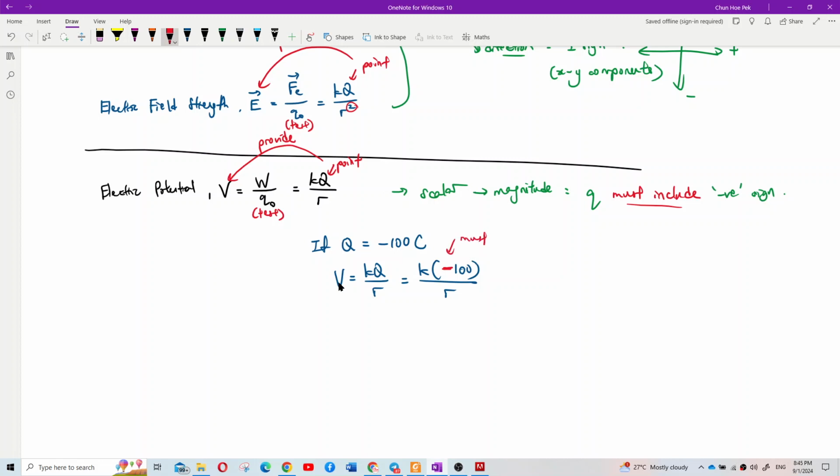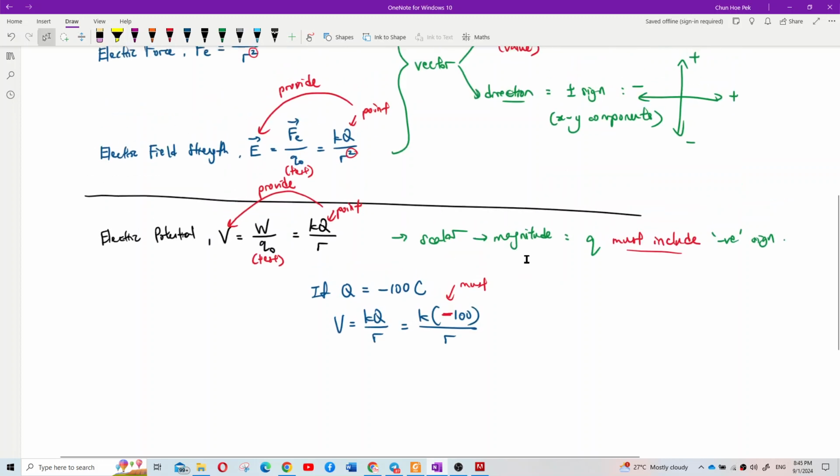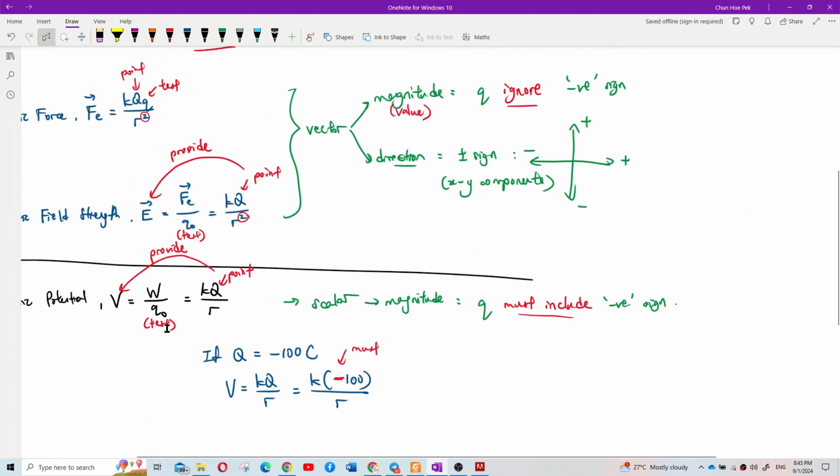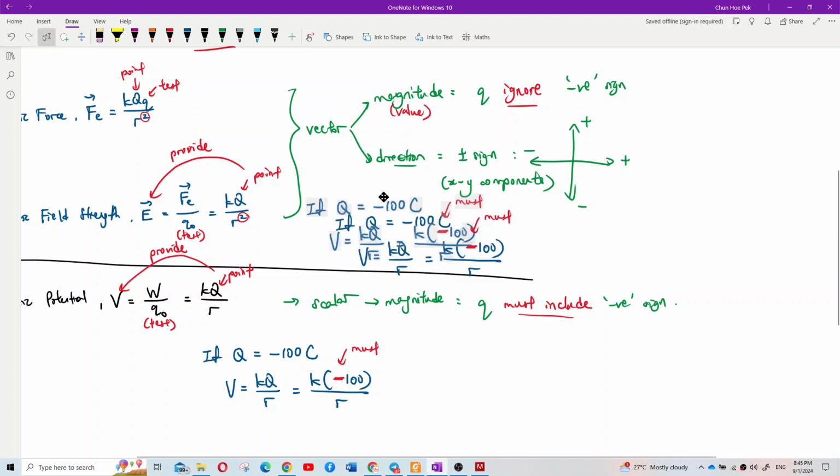But, class, if the same question asks to find the electric field, let's say I give a charge of negative 100 coulomb and ask to find the electric field.